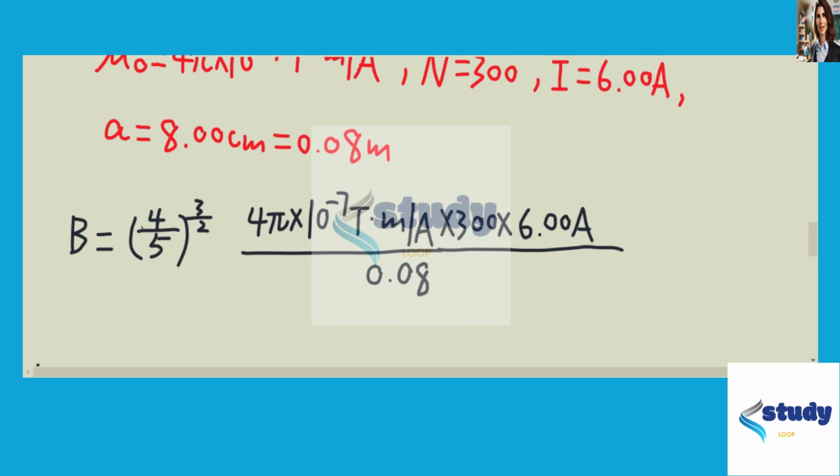Since 8 centimeter is equal to 0.08 meter, this will give us a magnetic field of about 0.02 Tesla.